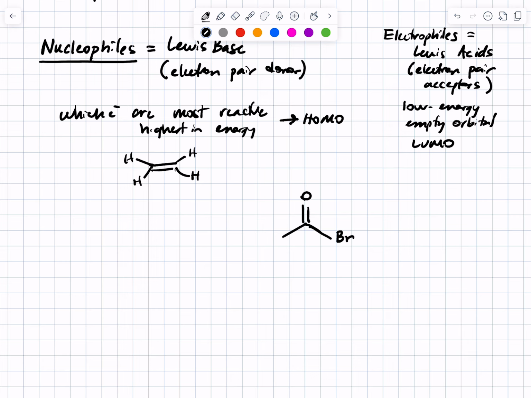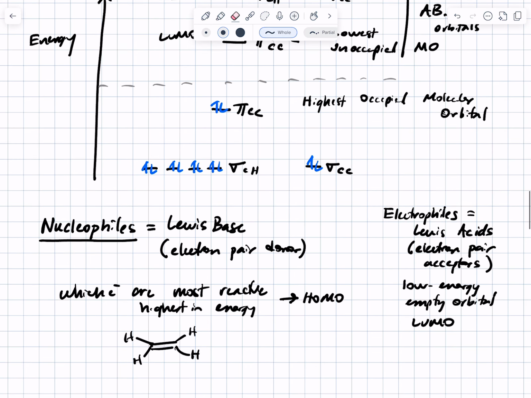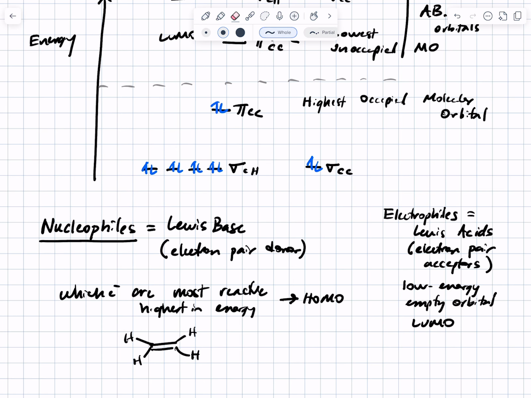So I'm trying to figure out how you would explain the correlation between having a HOMO and then using a Lewis base. Is it basically that molecules that have a high-energy occupied molecular orbital are likely to be a Lewis base? Yeah, so I think what you're getting at is, when I look at a structure, how do I know whether it would be a nucleophile or an electrophile?